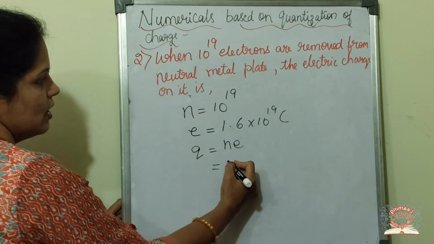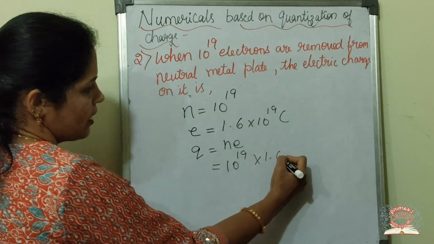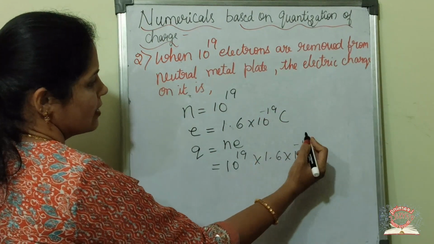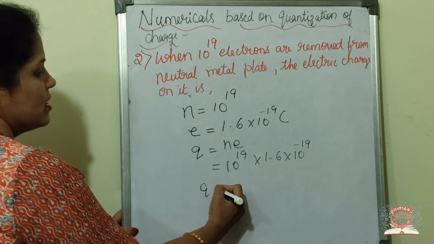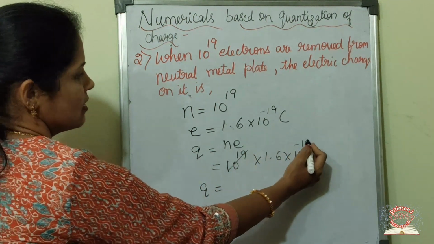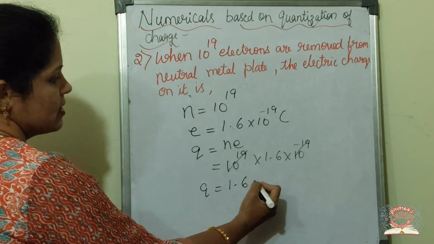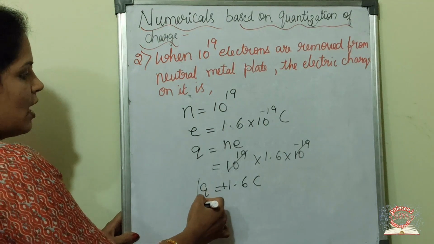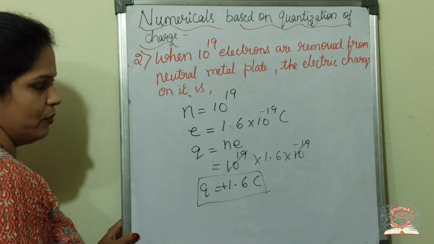Using this, N is 10 to the power 19, e is 1.6 into 10 to the power, I'm sorry, it is minus 19. Okay, so therefore Q is equal to 10 power plus 19 and 10 power minus 19 get cancelled. So it is 1.6 coulomb, and we are expecting positive. So the charge of the metal plate becomes plus 1.6 coulomb.